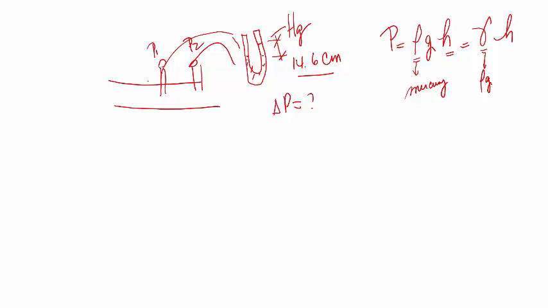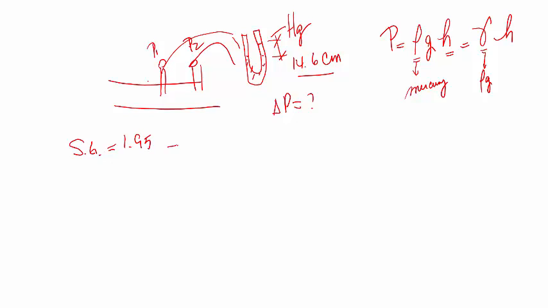Okay, so let's say that the indicator fluid is mercury, or anything for that matter. So let's say that the specific gravity is 1.95.